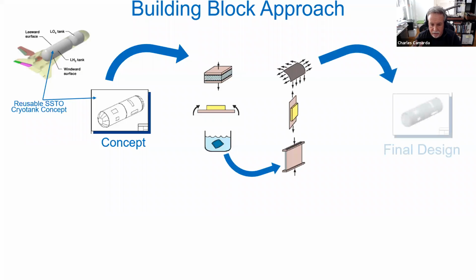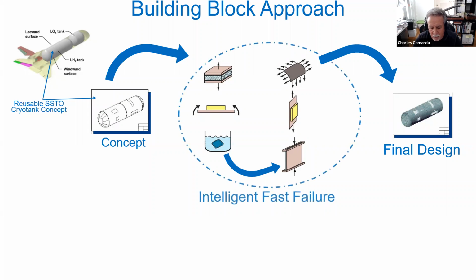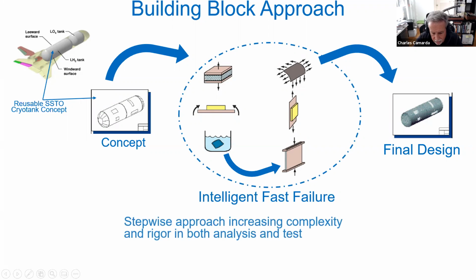And then we're constantly building up those ideas, looking at larger and larger components, intersections of components, so we understand the interfaces. And we can predict how it fails as a larger and larger system until we can actually build and test a full-scale version of our idea in the laboratory. Okay, so that's the building block approach we're going to use.